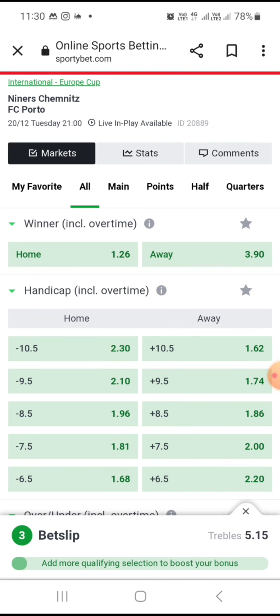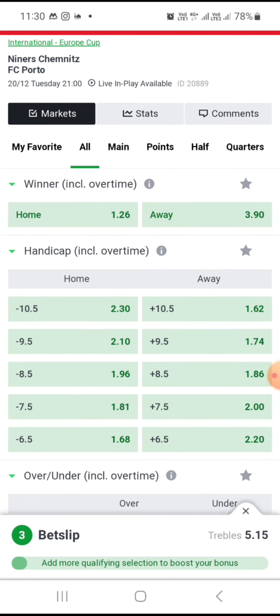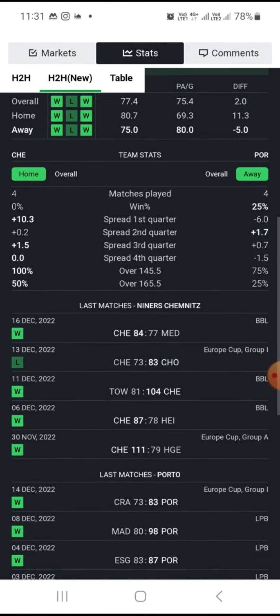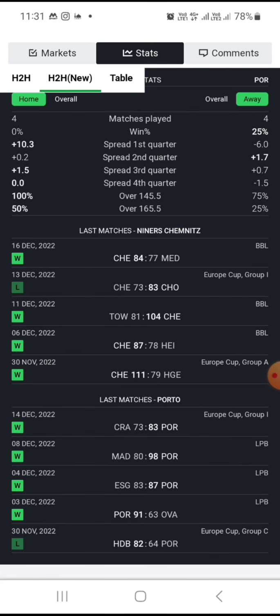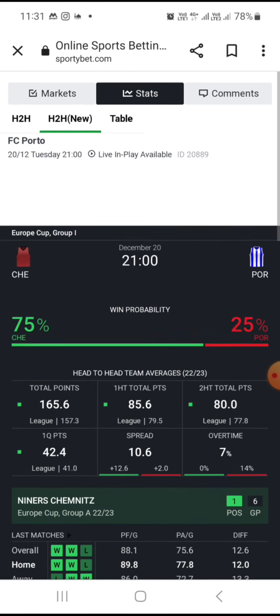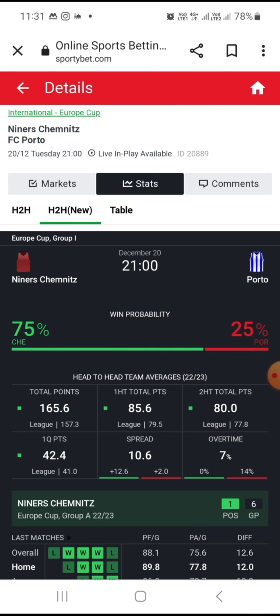So with that, for you to check under the handicap whether it really works, you minus. Since the average I got from the Ninas was 91.5, you minus the average I got in FC Porto, which was 84 points. When you minus it, it will give you around 7.